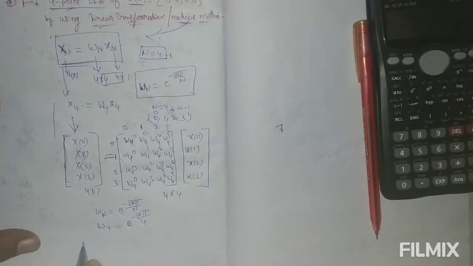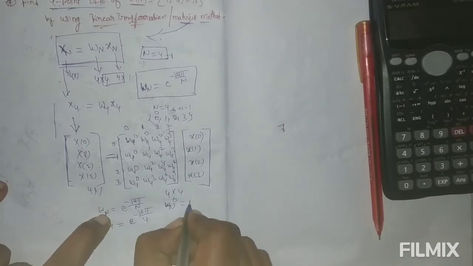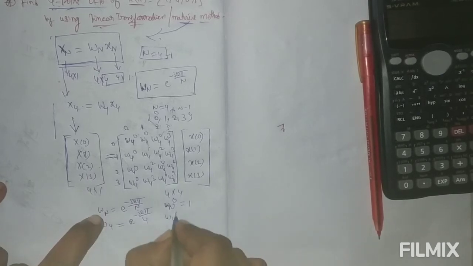Therefore W N whole power 0 equal to 1. Similarly, W4 whole power 0 equal to 1.